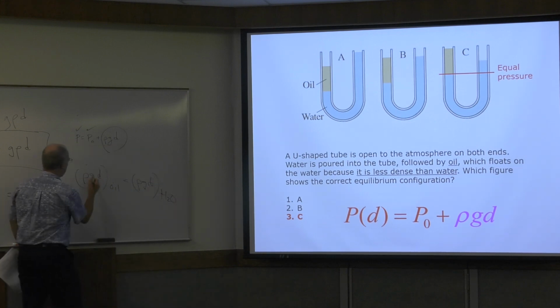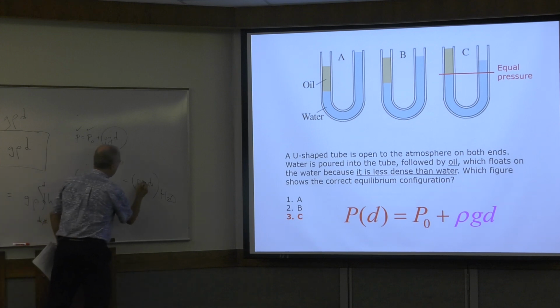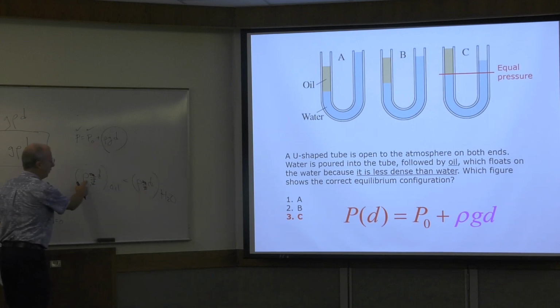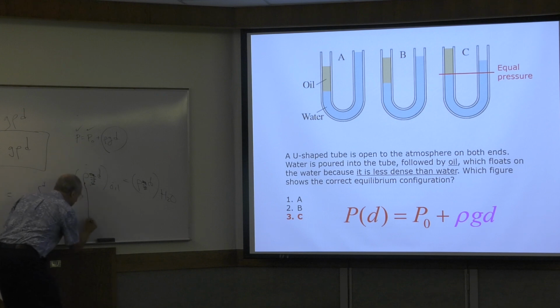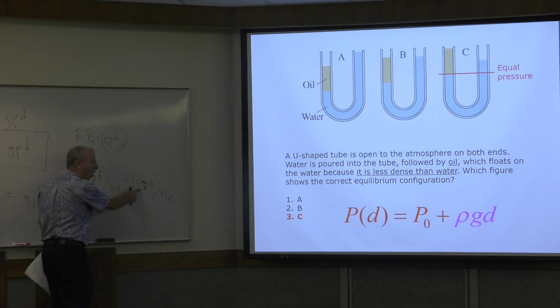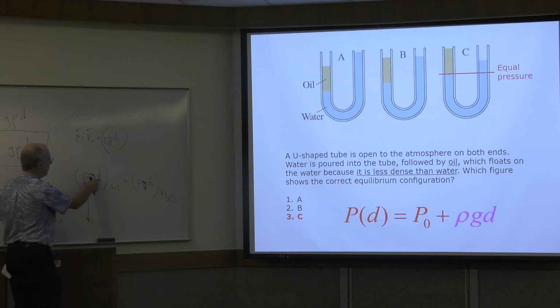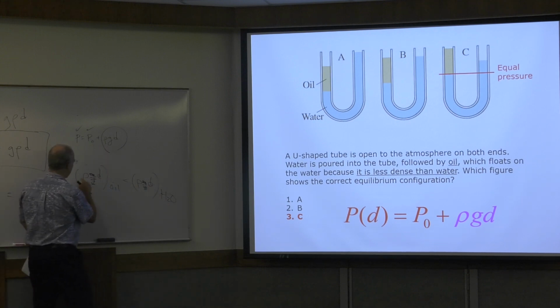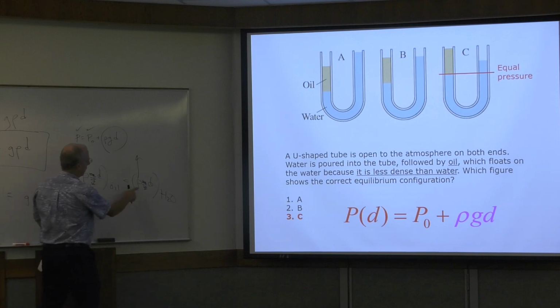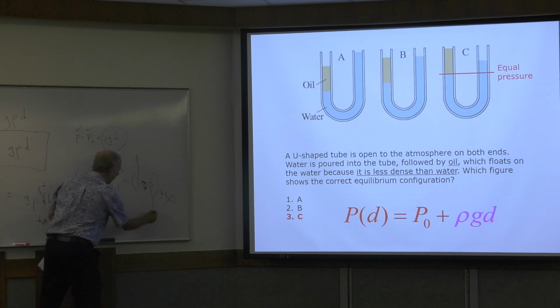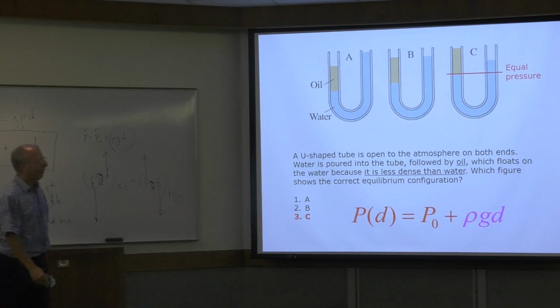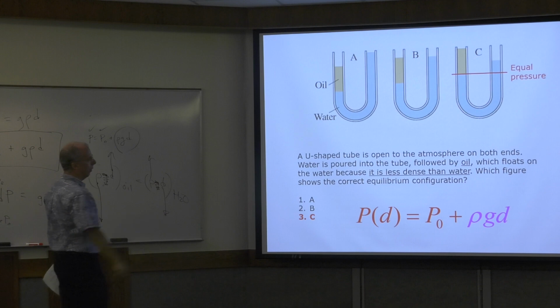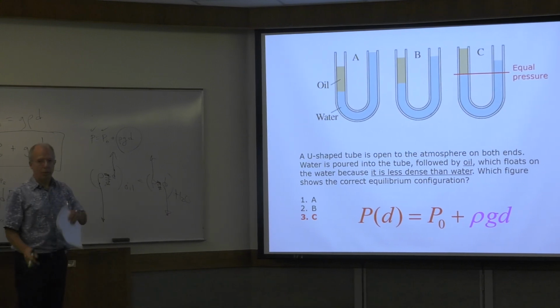Now, g is the same, but the density of oil is less than the density of water, so if rho d oil equals rho d water, and the density of oil is less than the density of water, then this has to be bigger than that, right? So that's why you see that the depth of the oil is greater than the depth of the water.